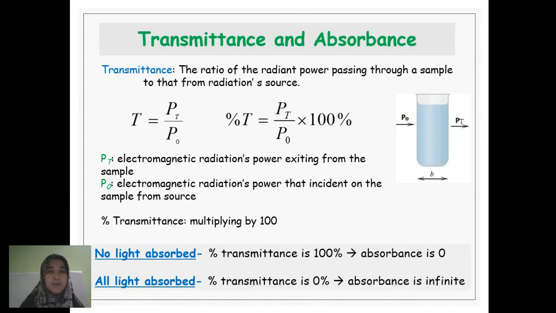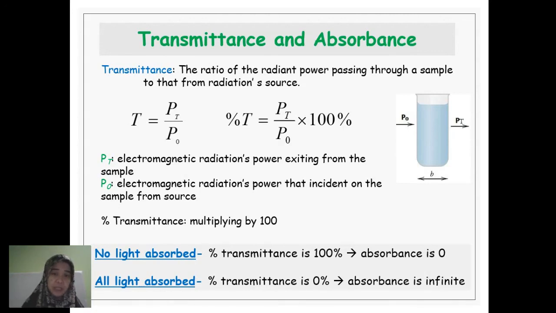Usually we display transmittance as a percentage, so the percentage of transmittance is PT over P naught times 100%.